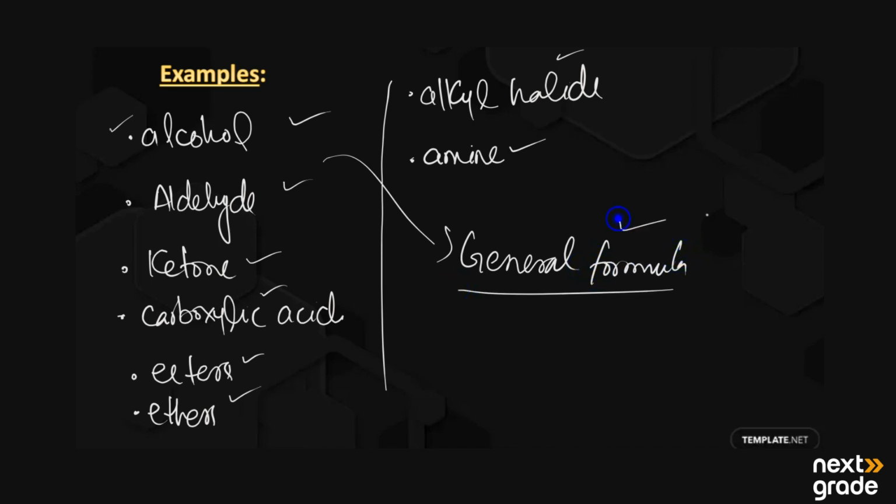Now, what is the purpose of identifying the functional group? The main purpose is that we are able to categorize compounds into homologous series, and by categorizing them we will be able to study their properties in detail.